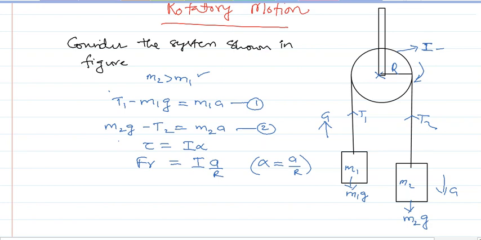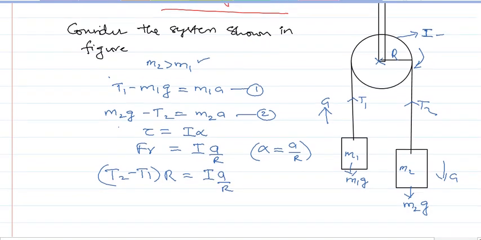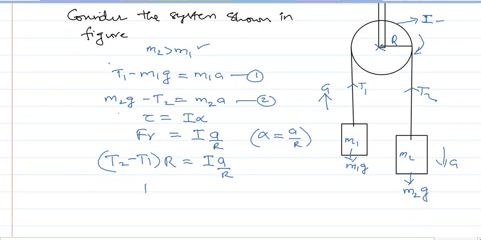As T2 is greater than T1, I am writing (T2 minus T1) into the perpendicular distance R equal to I A by R. So bring this R to the right side so that T2 minus T1 is equal to I A by R square. Call this equation number 3.